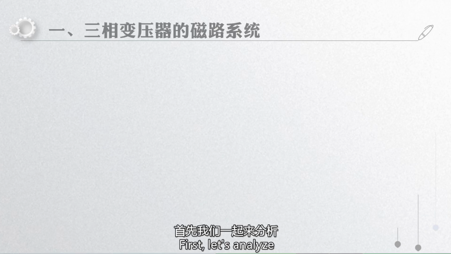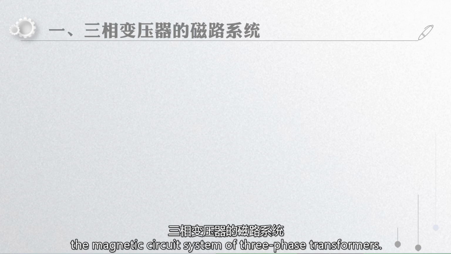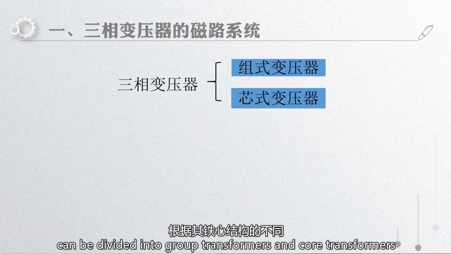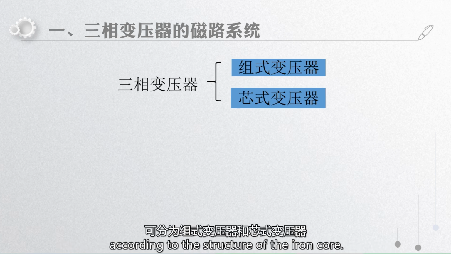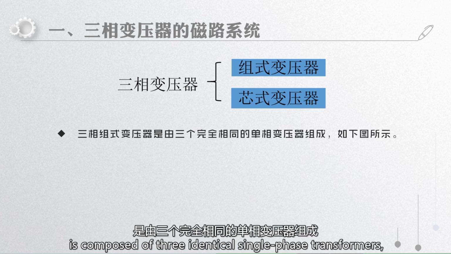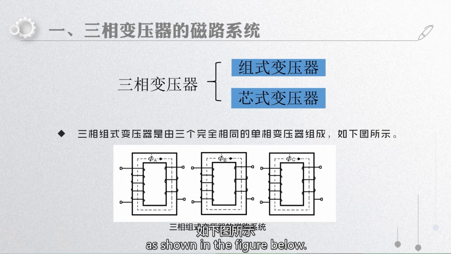First, let's analyze the magnetic circuit system of three-phase transformers. The magnetic circuit system of three-phase transformers can be divided into group transformers and core transformers, according to the structure of the iron core. A three-phase group transformer is composed of three identical single-phase transformers, as shown in the figure below.